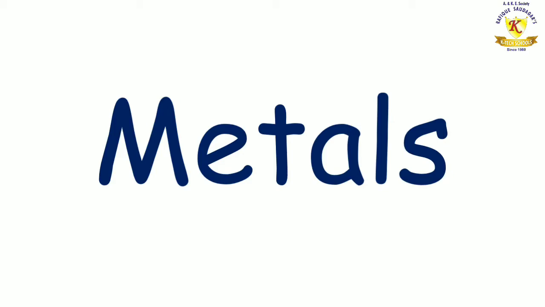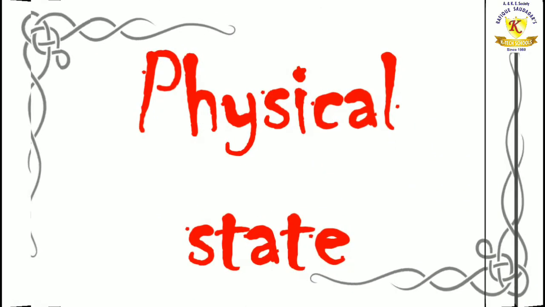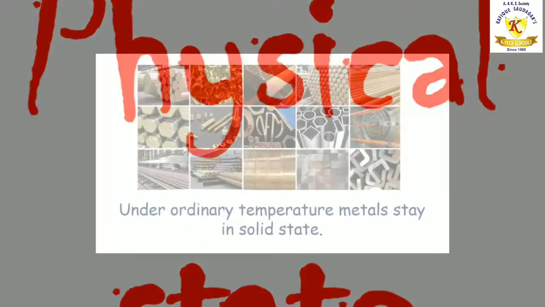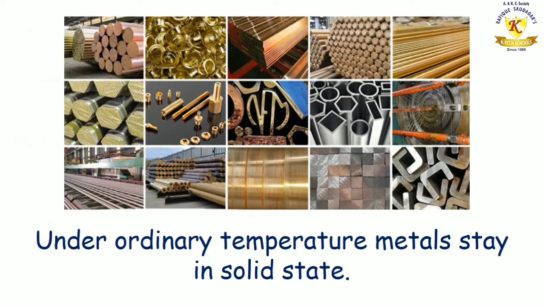So, the first physical property of metals is physical state. Let's see what it is. Under ordinary temperature, metals stay in solid state.